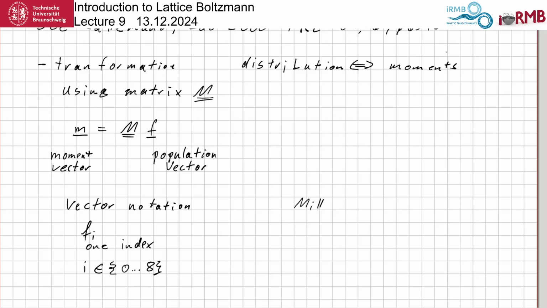You have to compare this with the Miller indices that we are using here. I'm such a bad guy, always trying to bash somebody. So f_ij: we have one index per direction.